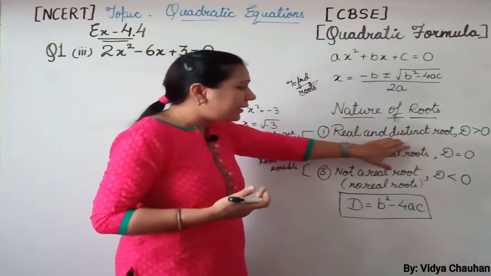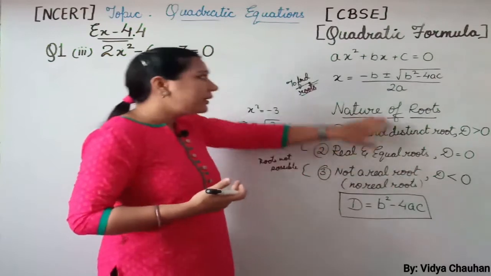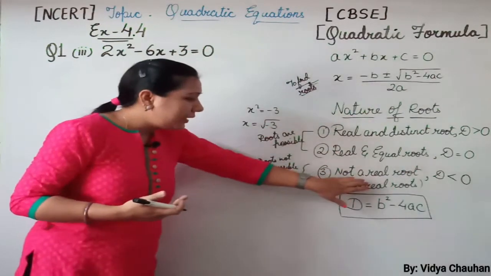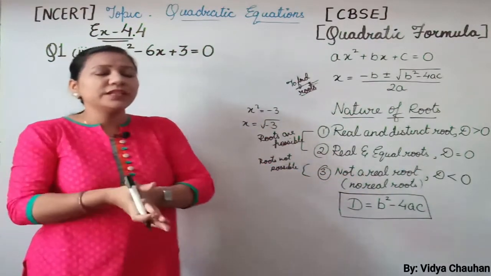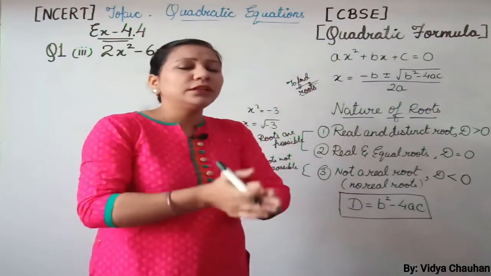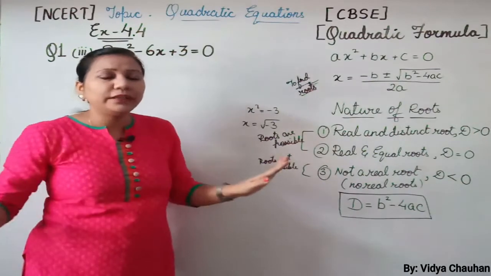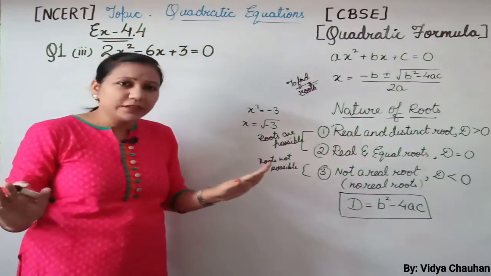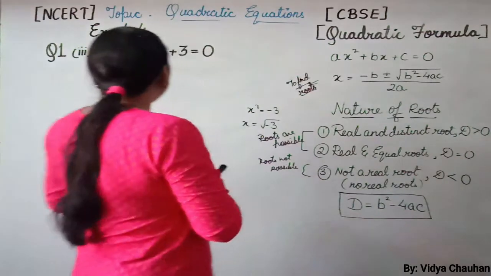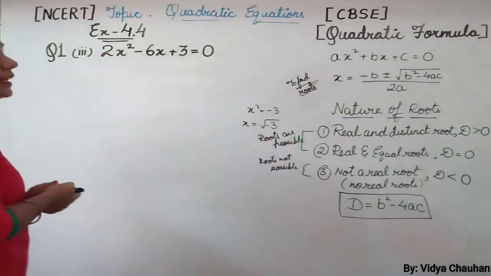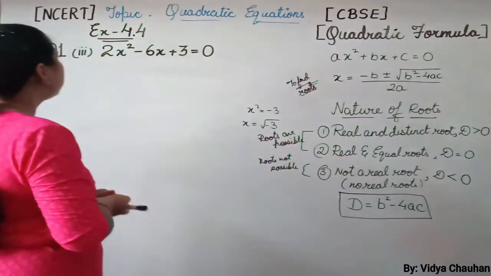If you get D greater than or equal to 0, then you will continue. If you get D less than 0, you can simply write that no real roots are possible, so we cannot find the solution there. Clear, students?